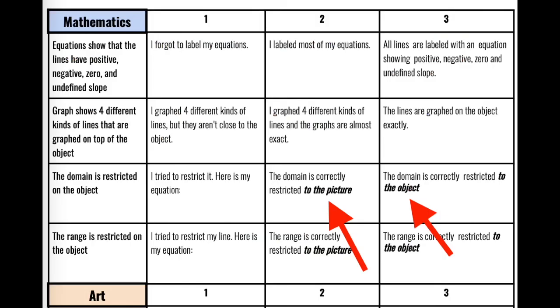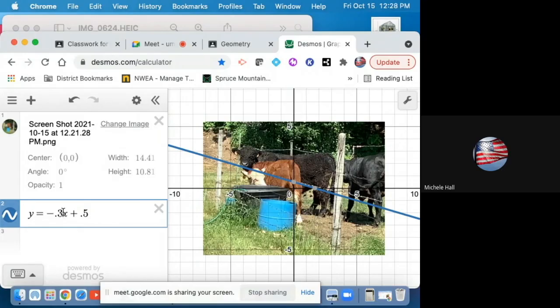It says the domain is restricted on the object. If I look at number 2, it says the domain is correctly restricted to the picture, which means it stops here. But if my fence only went from here to here, then that would be number 3, where it says the domain is correctly restricted to the object. So there's 2 different, to the picture and to the object that you have.